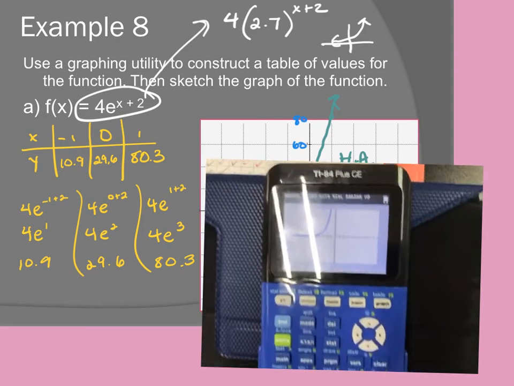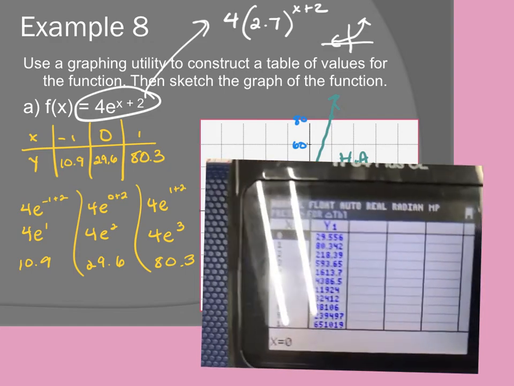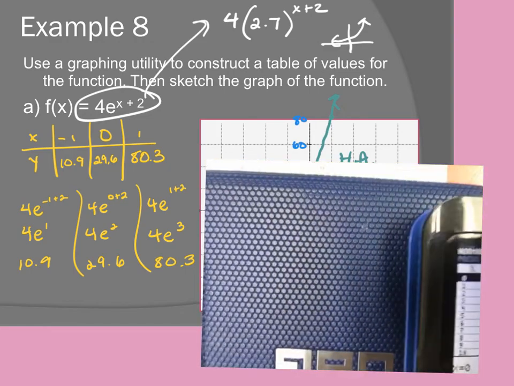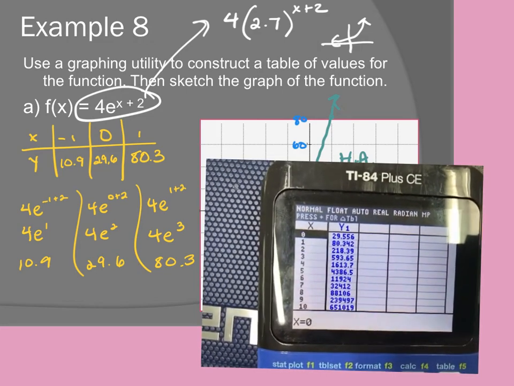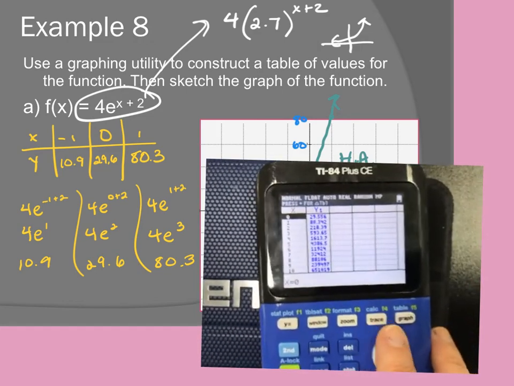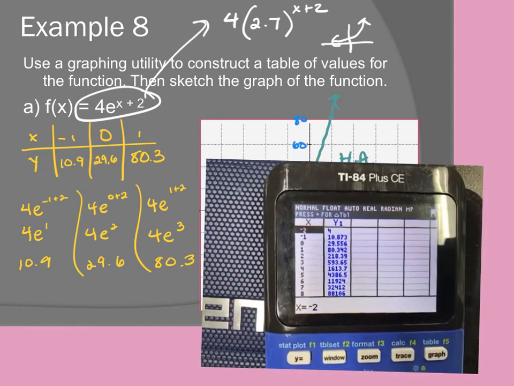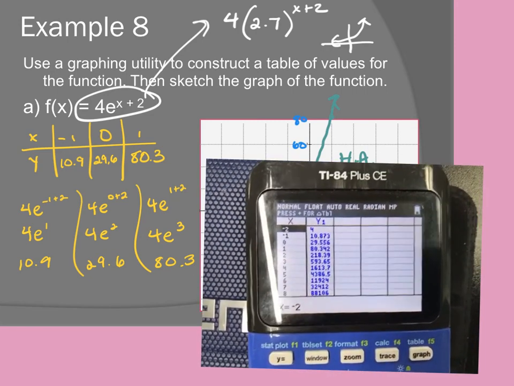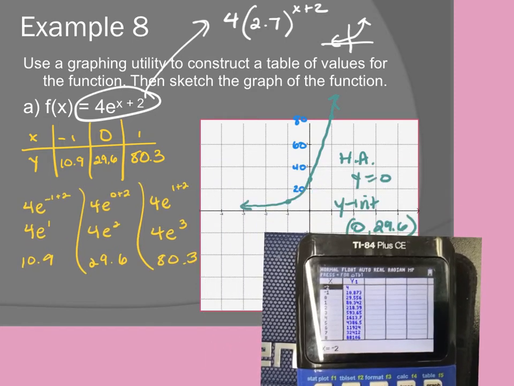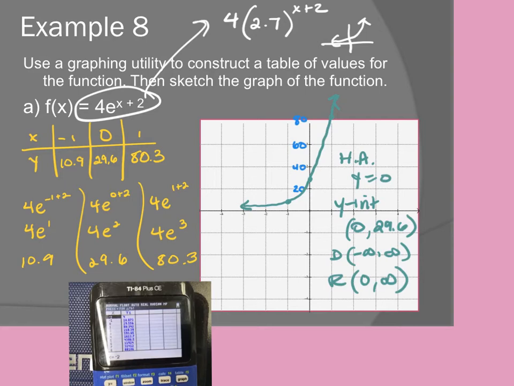Now, if I look at my table values, so the table is above the graph, those values should match what I got, and they do, right? 0 is 29.6, 1 is 80.3. If I go up, there's my negative 1, okay? 10.9 would be the rounded number there. So you can use a graphing utility to check these answers, but make sure you know what these answers are because you might have to do it without the graphing utility and just a scientific calculator.